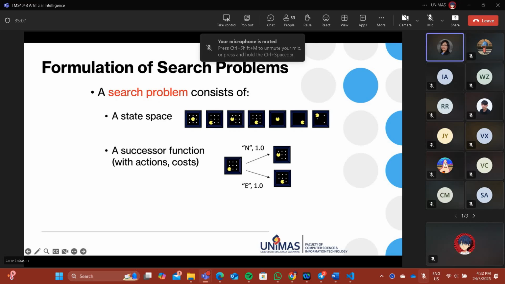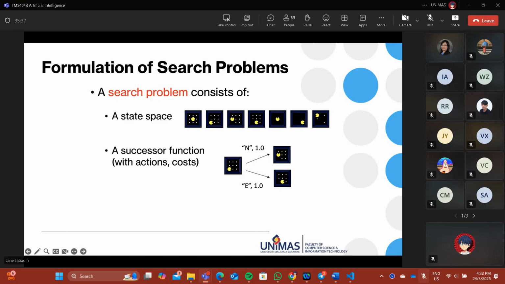For example, you start off with this on the left here. The position of the agent is at the bottom left. So what can he do? He can either go east, which is E for east, going to the right, or he can go up to the north.